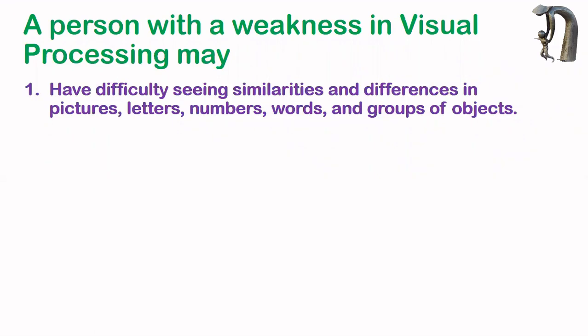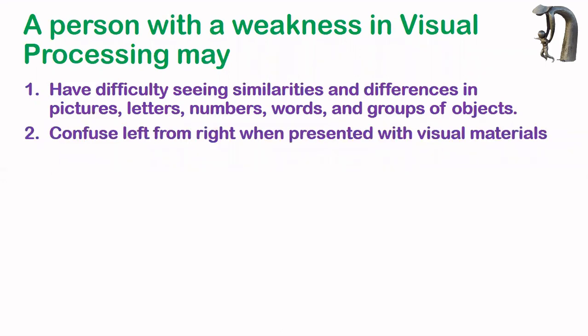This is how the child perceives when the child has a difficulty in visual processing or visual perception. The child may not be able to understand the similarities and differences. Sometimes they confuse left from right when presented with visual material. These are the difficulties they face with visual processing deficits.